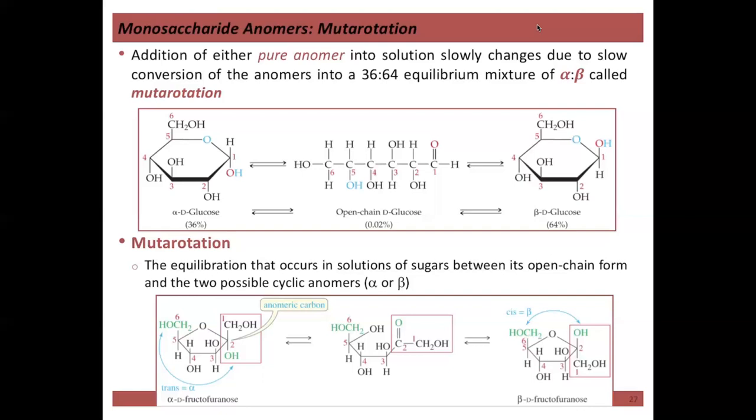And that process is called mutarotation, the interconversion of one anomer to the other. So if you have a solid pure anomer and you put it in water, it will mutarotate. It will convert or distribute between the alpha and beta. Now, we're not going to spend a lot of time in being able to predict why one anomer is more stable than the other.